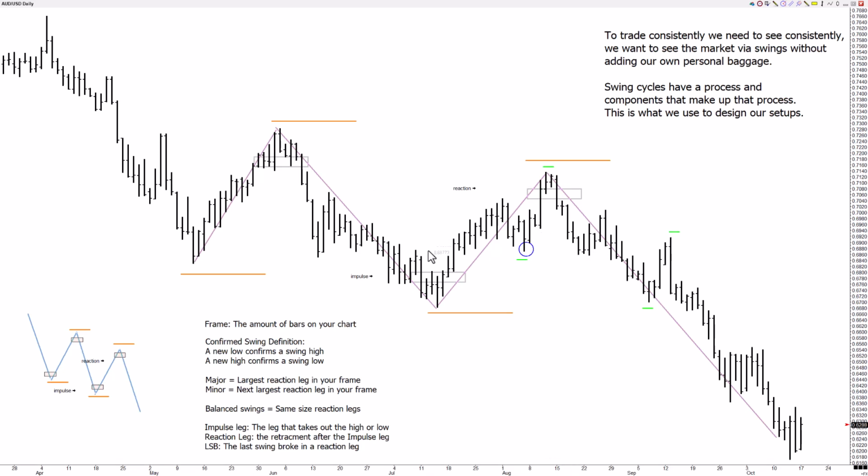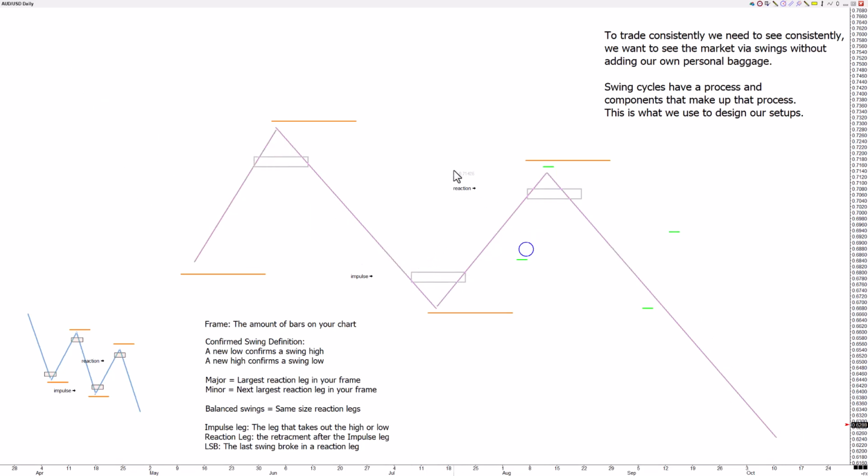Without getting into fine detail about understanding this shelf, just think of it like this. If all you did on this reaction leg was put the shelf in the upper third, capturing the turn, the pivot, you're going to be in the neighborhood. So just do that. On the impulse leg, just put the shelf component in the bottom third, just like I have here.